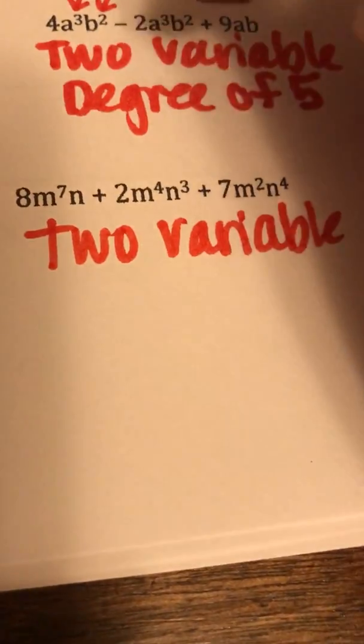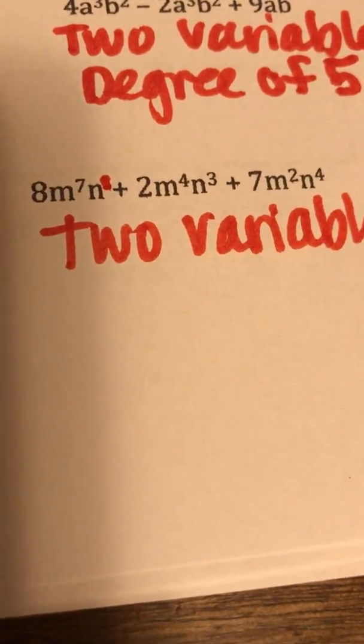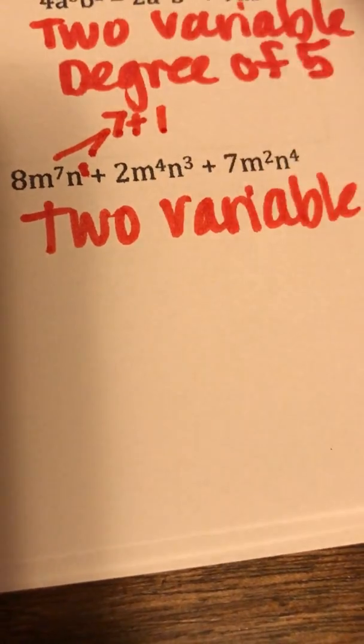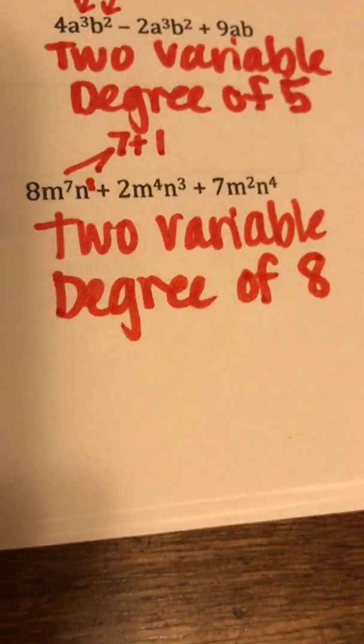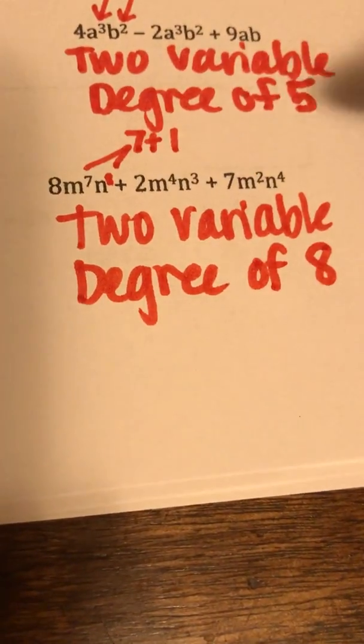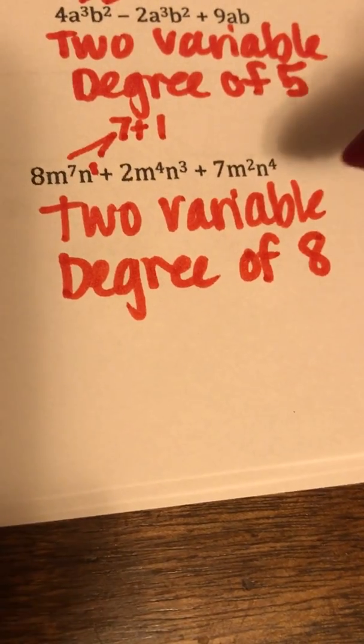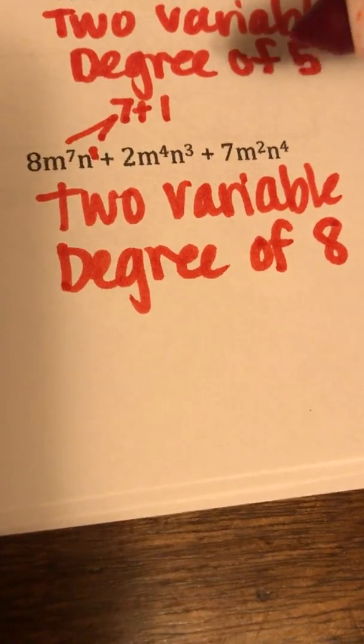So again, this term, we have a 7, and n, if there's not something written here, we know that that means 1 because n to the first is the same as n. So we have 7 plus 1. So we have a degree of 8. Okay, so this polynomial here is a two-variable polynomial and has a degree of 8.